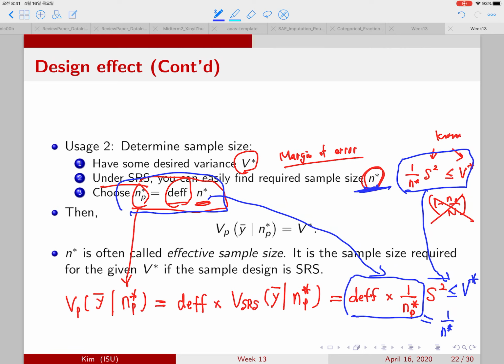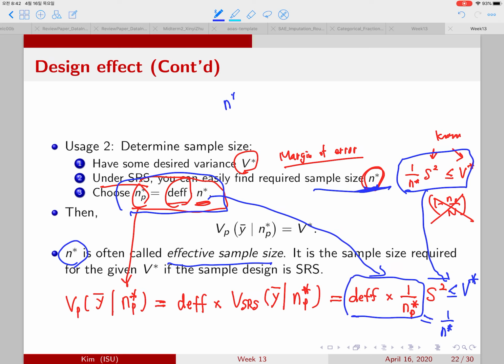So n star is the sample size under simple random sampling, often called the effective sample size.